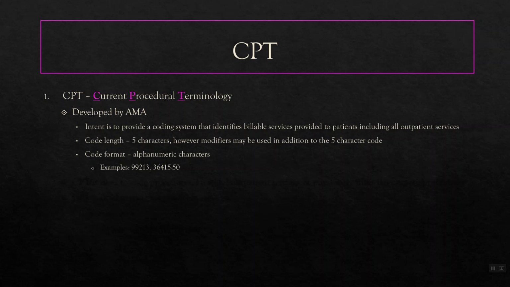However, modifiers may be used in addition to the 5-character code, and modifiers are unique and specific to CPT coding. So there are no modifiers in ICD-10, ICD-10-CM, or ICD-10-PCS. Modifiers are specific to CPT coding. And we have some examples below.